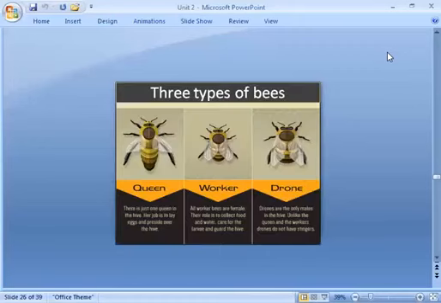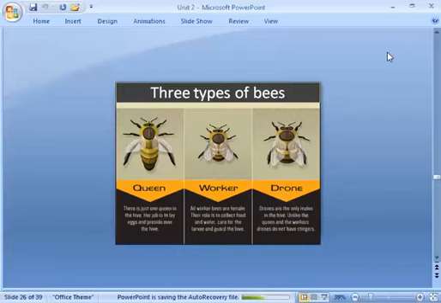Before we start the stages of life cycle of honeybee, we learn that there are 3 types of bees: queen, worker, drone. Repeat with me. 3 types of bees: queen, worker, drones.